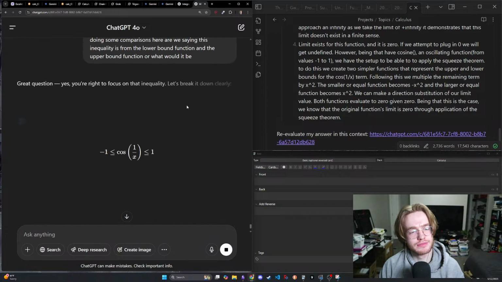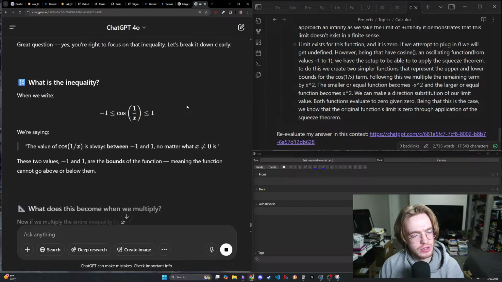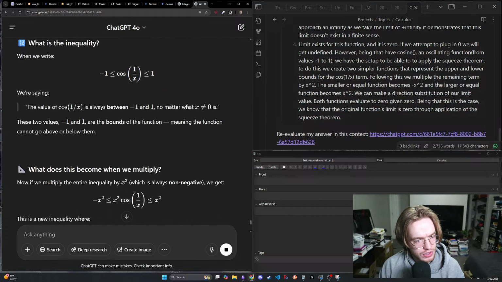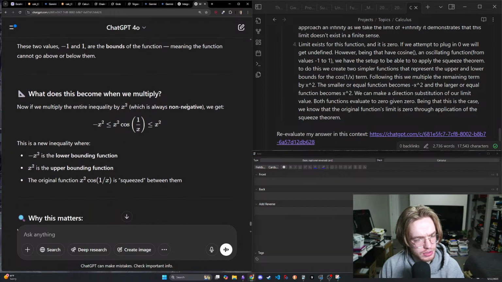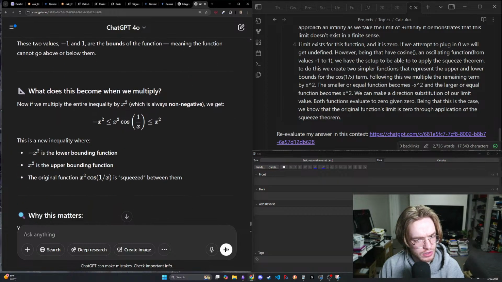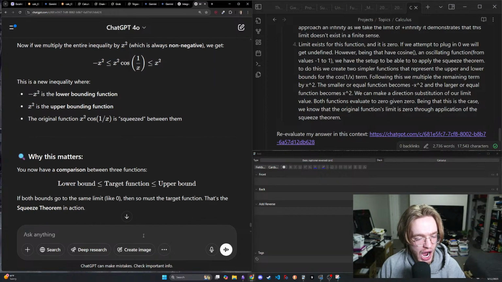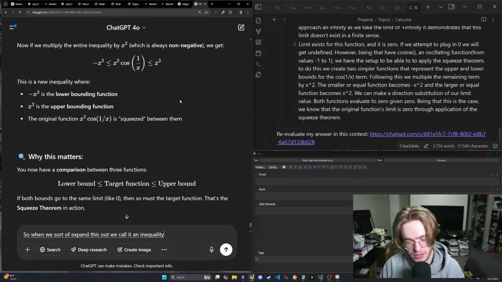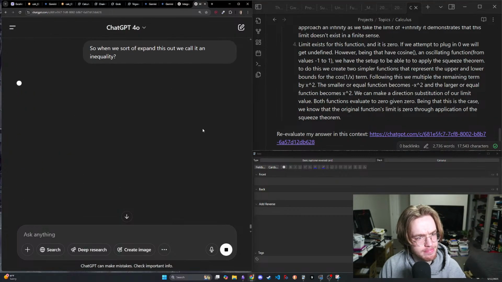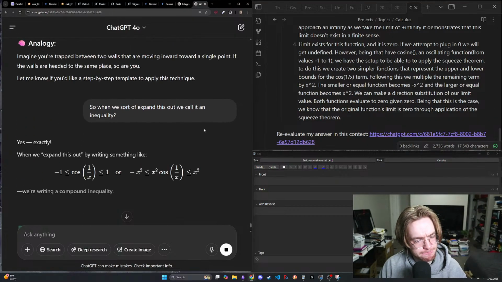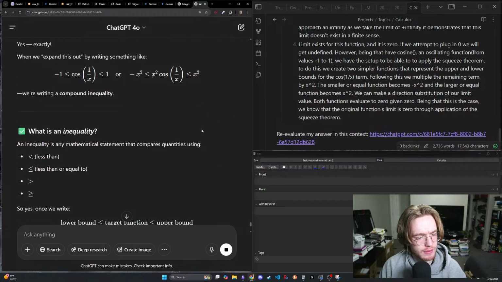The entire inequality, when we expand this out, we call a compound inequality.